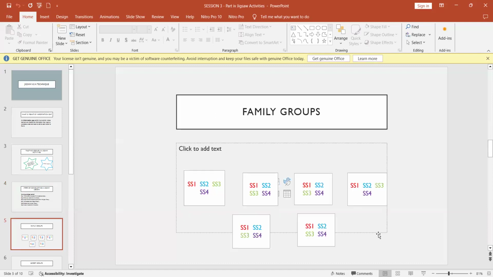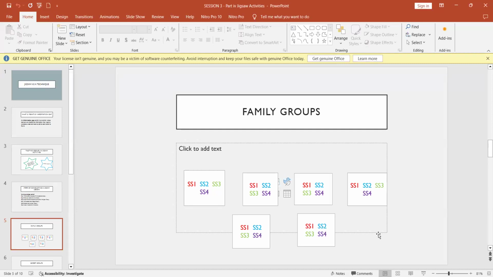Okay. Now here family groups. It's a class of how many students? Look at this and tell me. Is it 24? 24 students. So the lesson is chunked into how many parts? 4 parts.